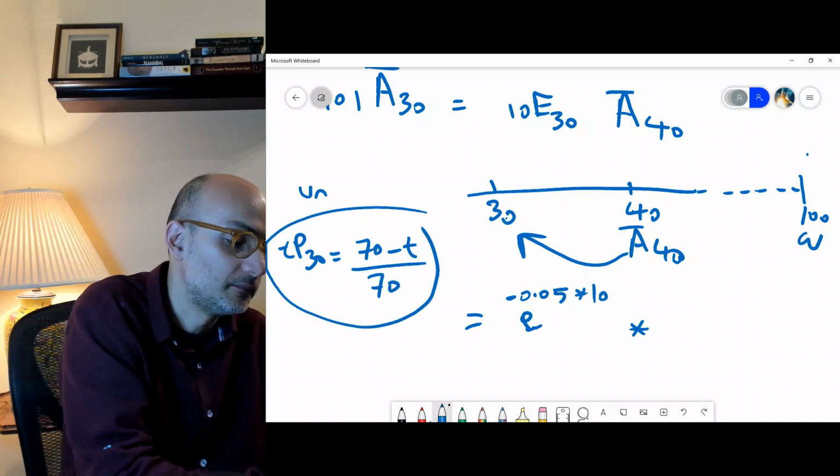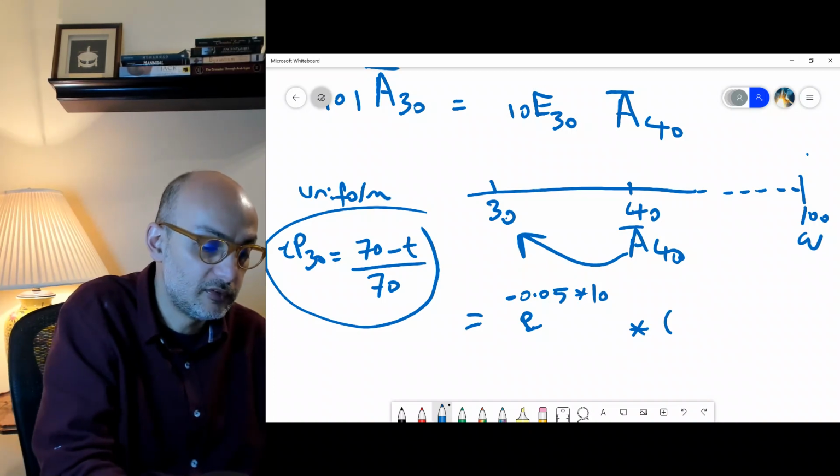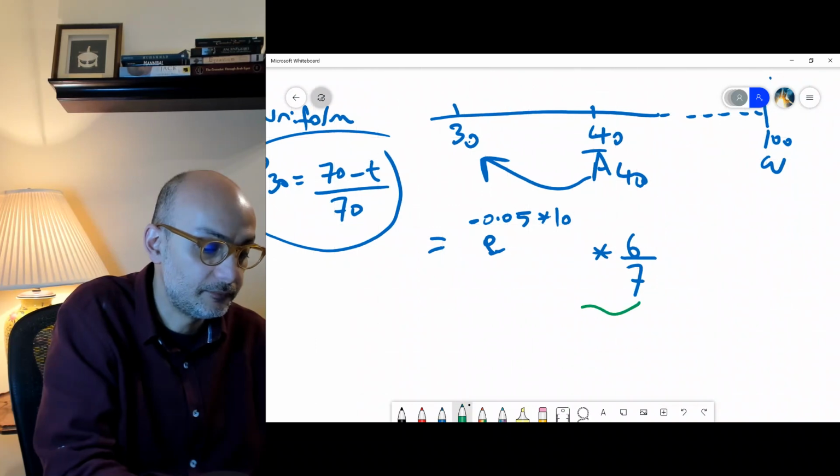For t equals 10, it will be 6 over 7. This is now the actuarial discounting factor.